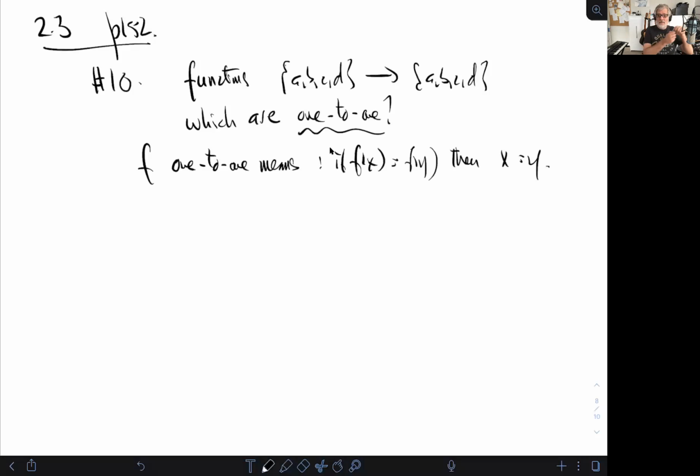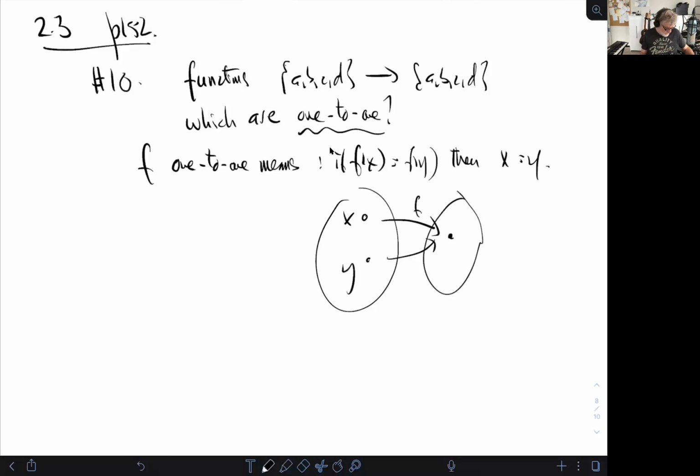So the only way that the outputs can be the same is if the inputs were the same, right? So you can't have f doing this, right? This is verboten.